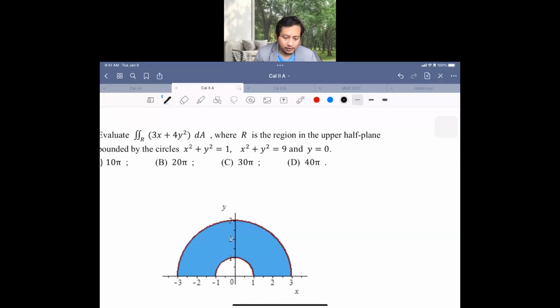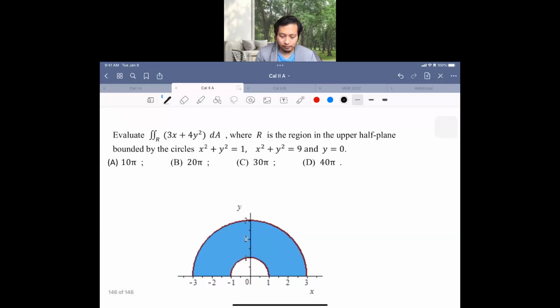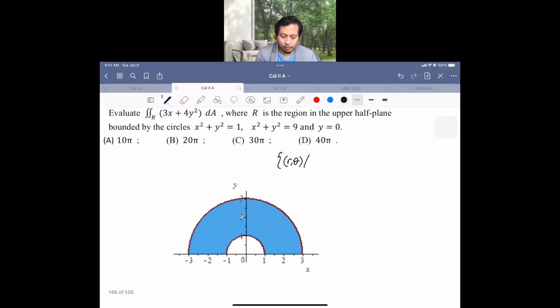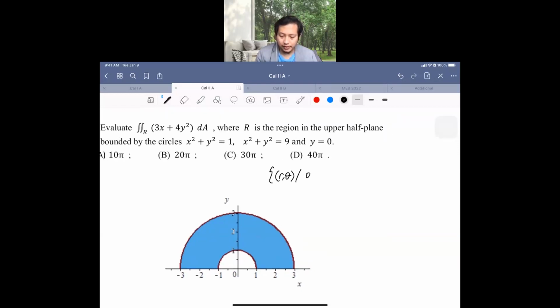So we could write in terms of the radius and theta. If this is our polar region, theta goes from 0 to pi, and the radius is from 1 to 3.